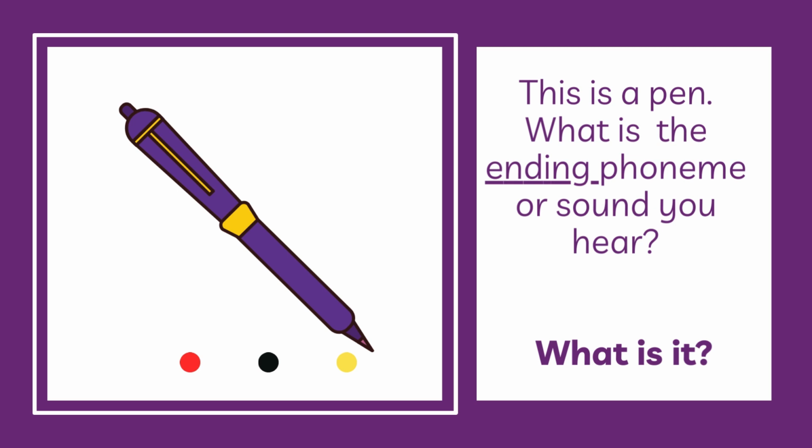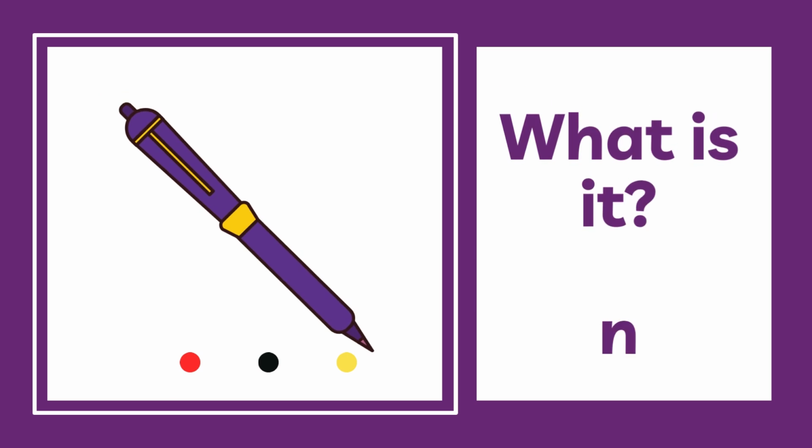N, touch your finger. One more time. Touch your shoulder. Touch your elbow. Touch your finger. So what is the last sound you hear? If you say n, you are correct.